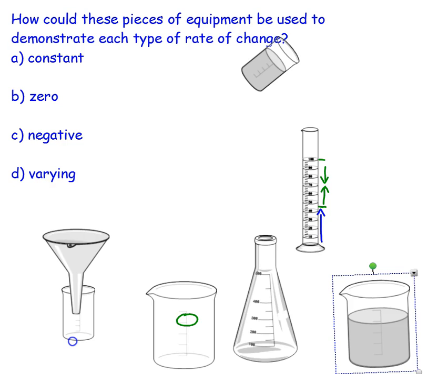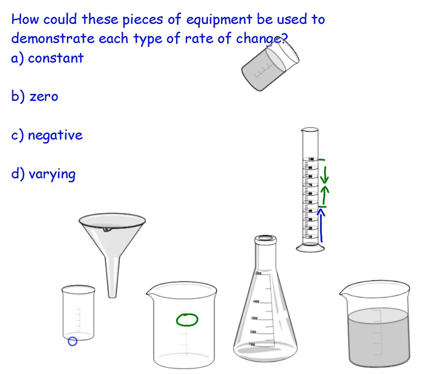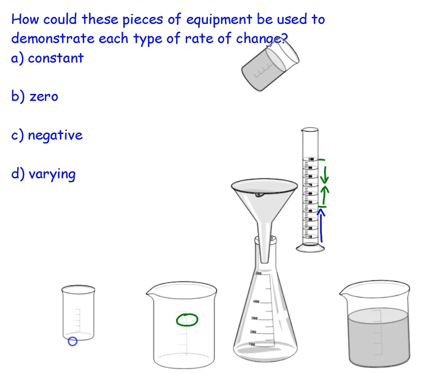So if you consider the conical flask, it has a lot of volume towards the bottom that has to be filled up for a given diameter. But as we move our way up the flask, the diameter gets smaller and smaller, and so the volume that we're going to be able to add for a given flow rate will increase. As we get up into the neck, it'll rise faster and faster. So that would accomplish a varying rate of change.